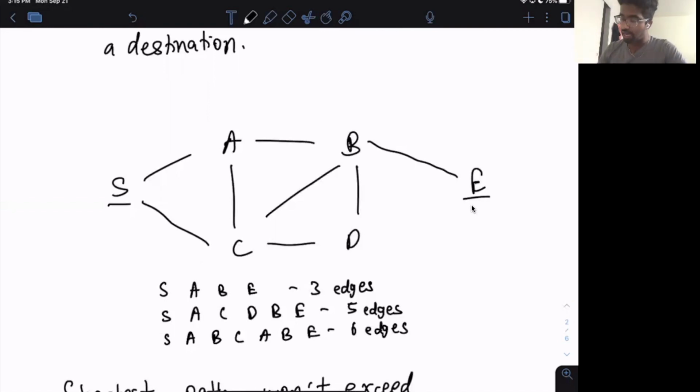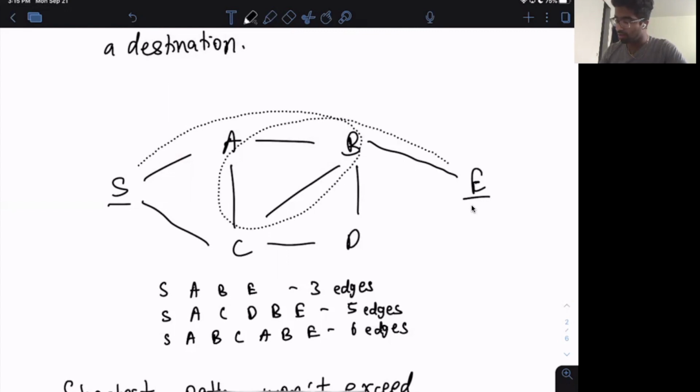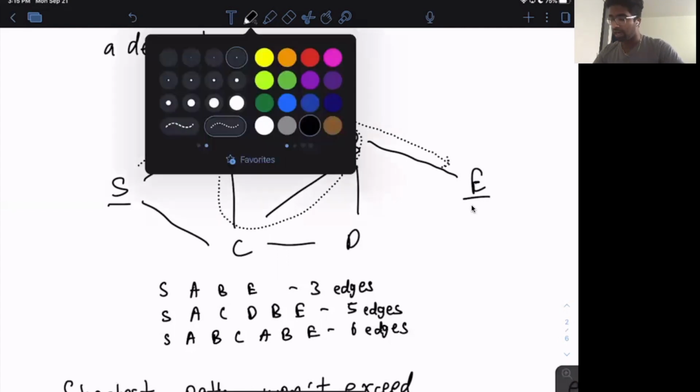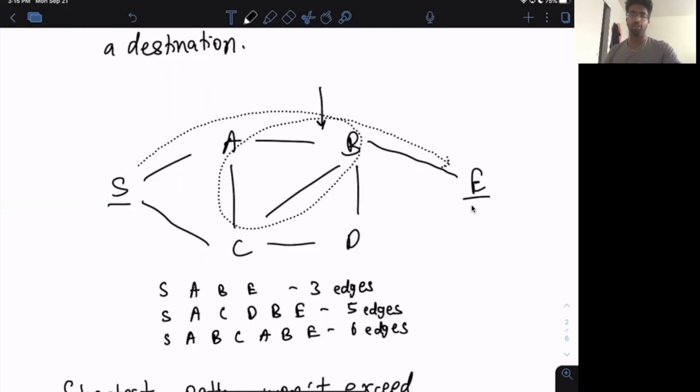But the thing is, as you see, what that's going to result in is a path that looks like this. We'd cycle back around and then go to E. So would we ever have this type of cyclic motion? And the answer is no, right?